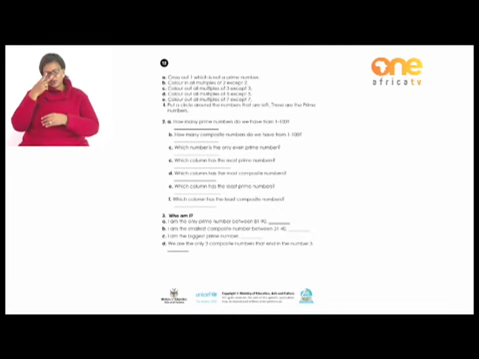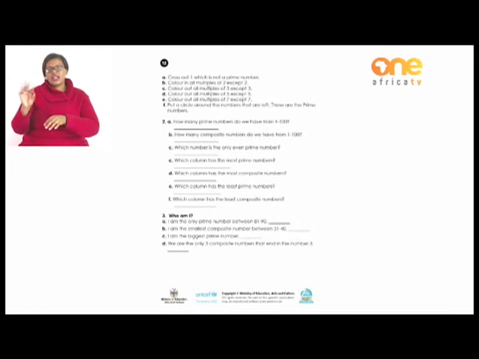In other words, which number is speaking here? Right? 3A, for example, will say, I am the only prime number between 81 and 90. So which number is that? Which number is speaking like that, saying that I am the only prime number between 81 and 90?